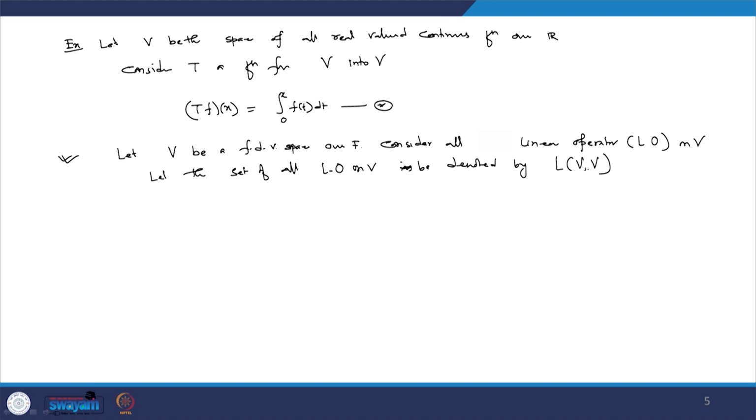So, it is basically the set of all linear transformations from V into V. Let the dimension of V be n. So, the dimension of L(V,V) will be equal to n square. According to our last results, here also one can construct n square linear operators on V, which will act as a basis for the space L(V,V).